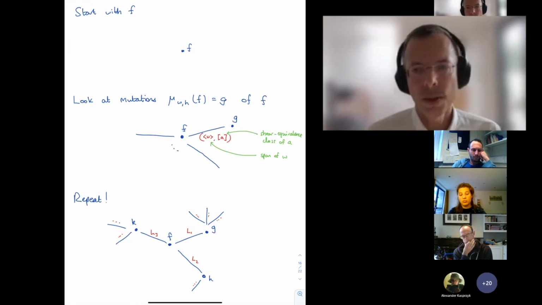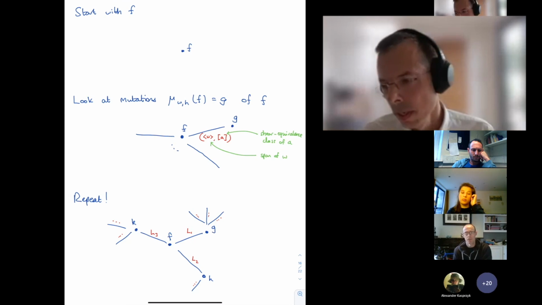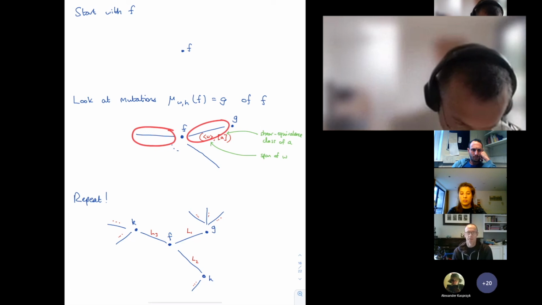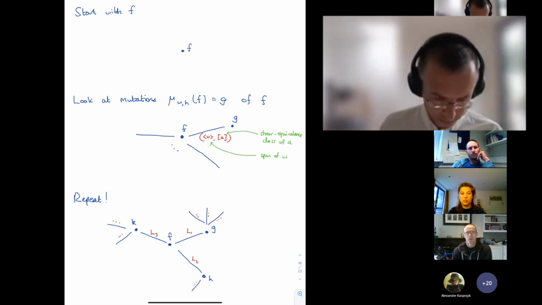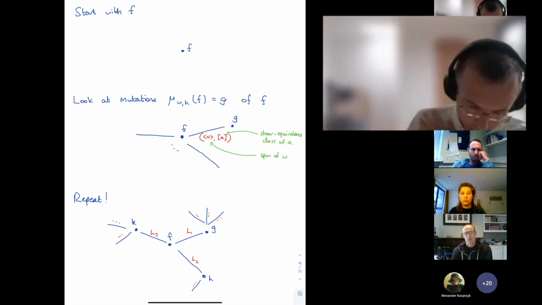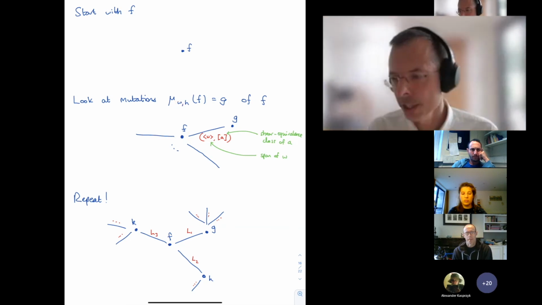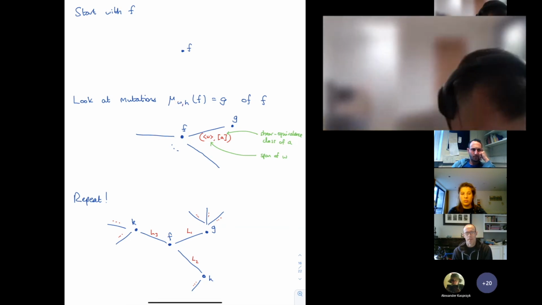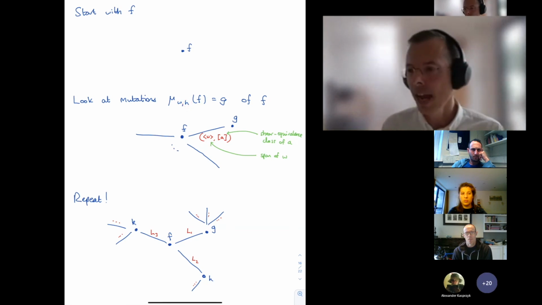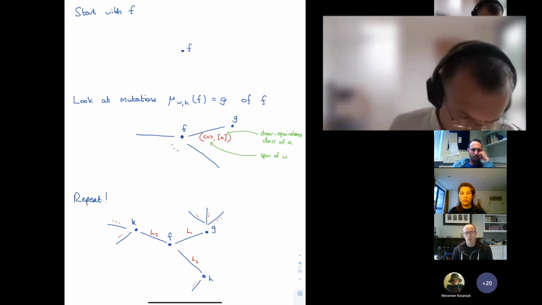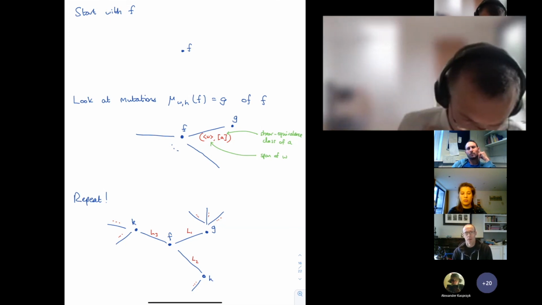You start with your Laurent polynomial f, and you look at all possible mutations out of f. Each mutation is going to have a direction associated with it, and it's going to have this factor, where we're considering the factor only up to multiplication by an appropriate monomial.